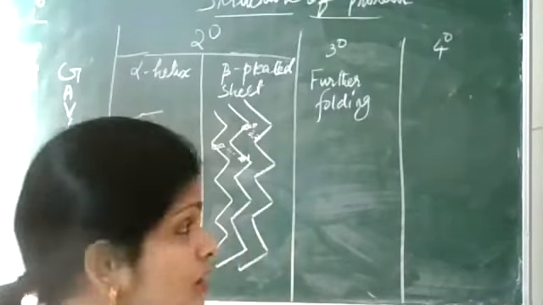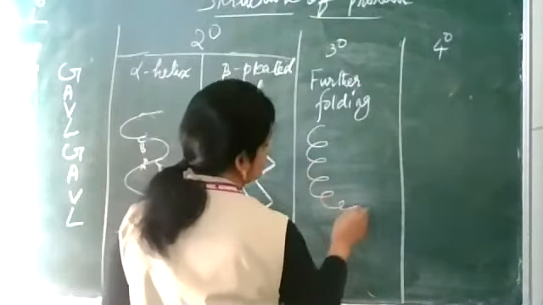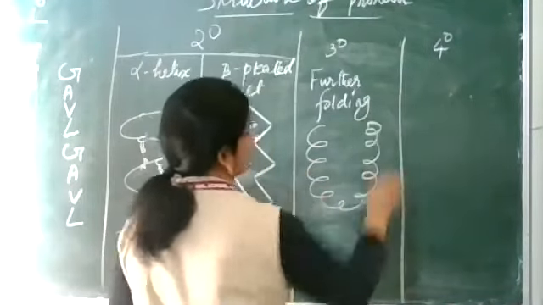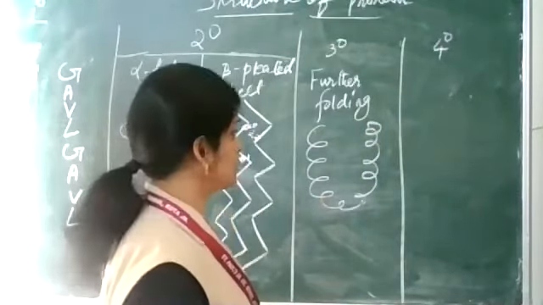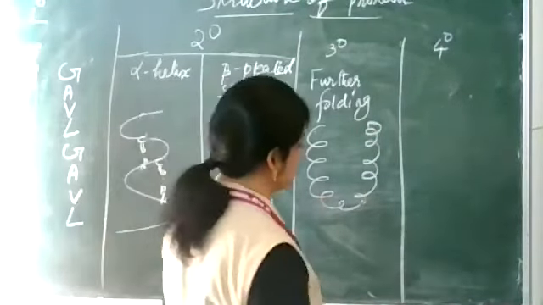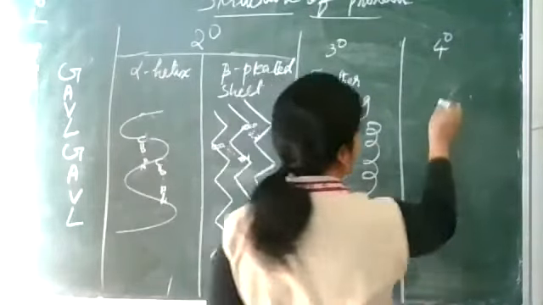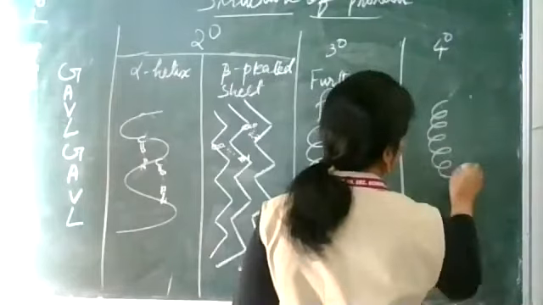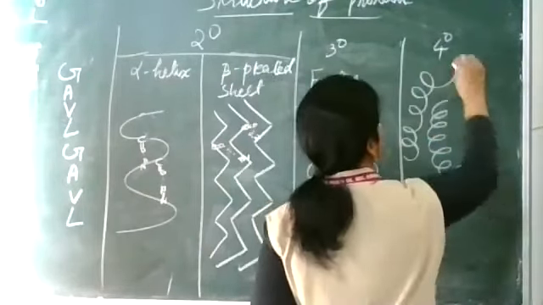Now, quaternary structure. Quaternary structure will have subunits. One is like this, and one will be going like this.